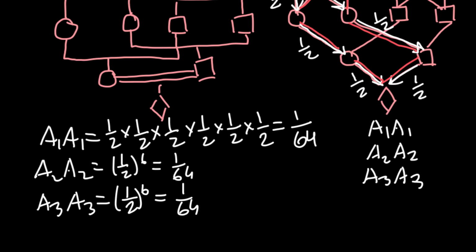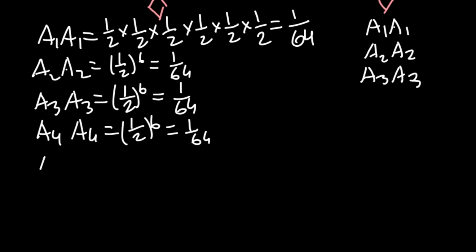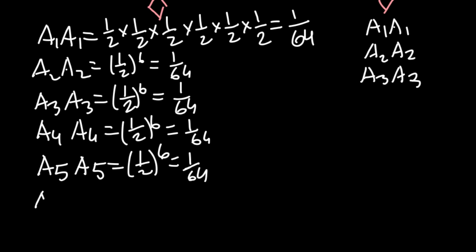And the same probability would apply to being homozygous for the A4 allele, which would equal 1/2 to the power of 6, which is 1/64. And to be homozygous for the A5 allele also would result in the same number, 1 over 64. So we also have allele 6.